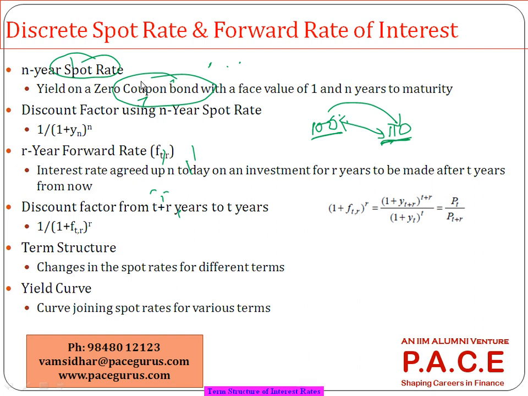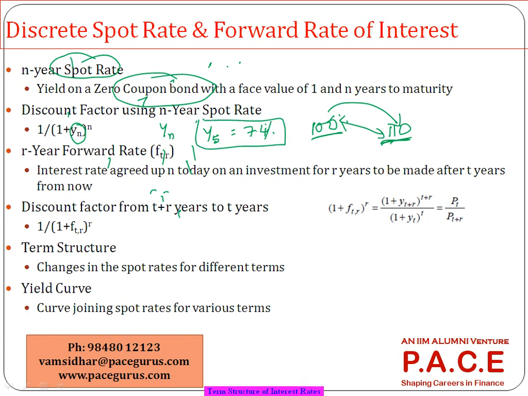If you know the N-year spot rate yn, if yn is equal to the 5-year spot rate, or if someone says y5 equal to 7.4%, then it is nothing but a 5-year spot rate equal to 7.4%.